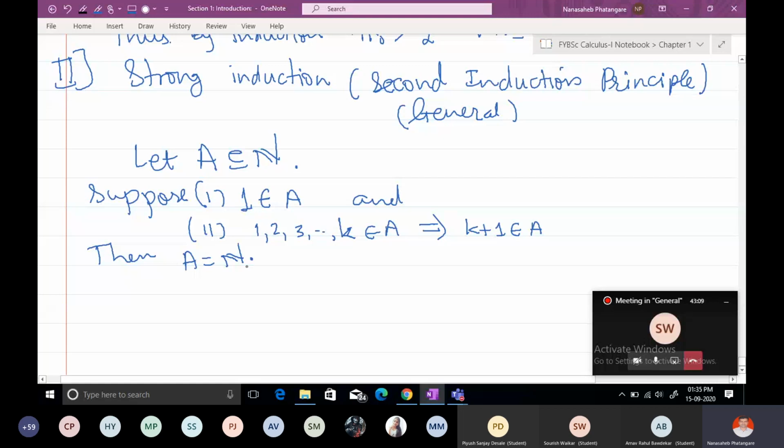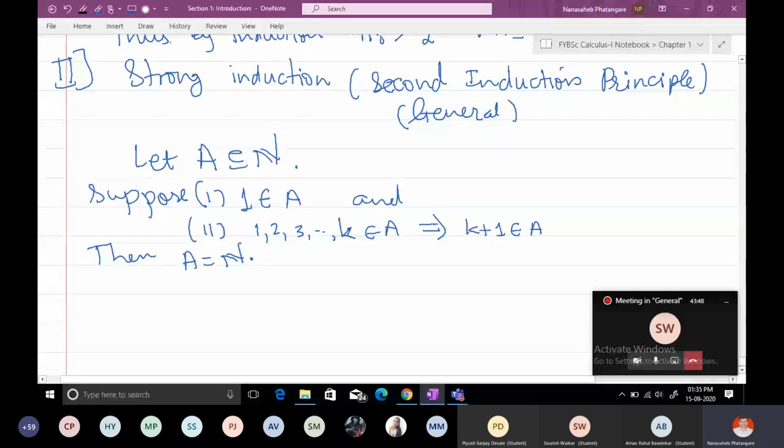So logically what it says is, if it contains the first number, and if you choose any 1 to 100, and from that you are able to see that it contains 101, if you choose 200 elements 1 to 200, and from that you are able to see that it contains 201, if it happens to be true for all k, or you choose any number of consecutive elements from 1 to that number, and from that you are able to check that it contains the next, then it contains all natural numbers, right?